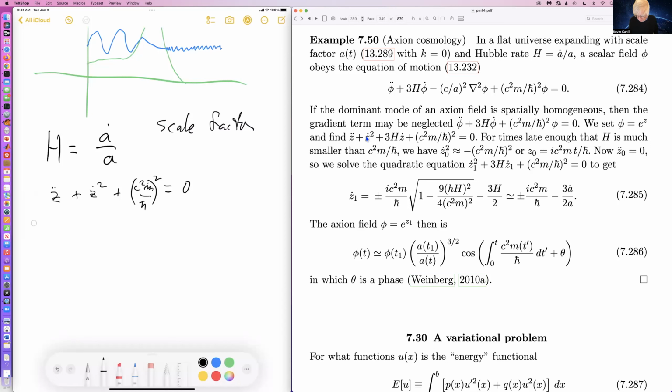And so proceeding actually in the WKB way, we then neglect this term, and then we solve for Z1 dot as this expression here. In other words, we get Z0 is equal to i c squared m over h bar, and then minus 3/2 H.